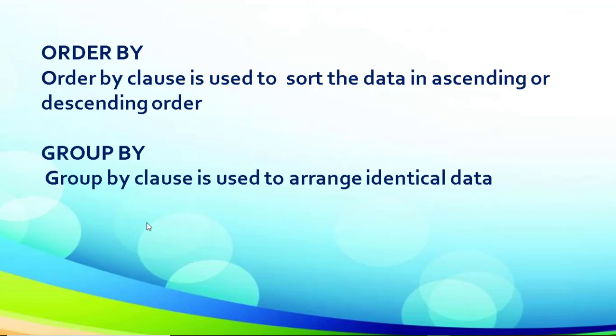For example, all the students belonging to the science stream, or to the PCMB or PCMC streams, are arranged based on some condition, so all the science students are arranged together, or all the commerce students are arranged together. This is called the group by clause. The order by clause also arranges the data, but in ascending or descending order, whereas here we are arranging the identical data.